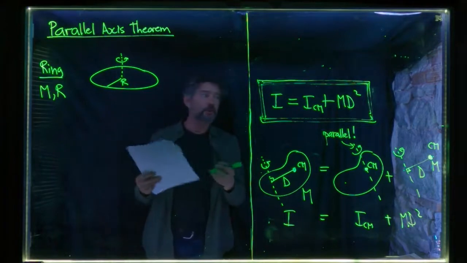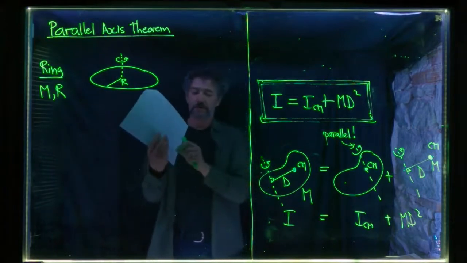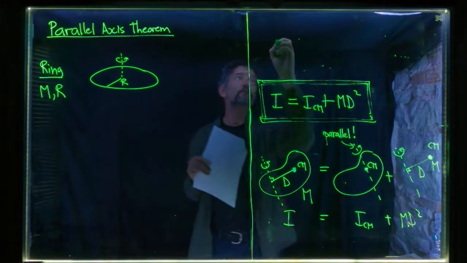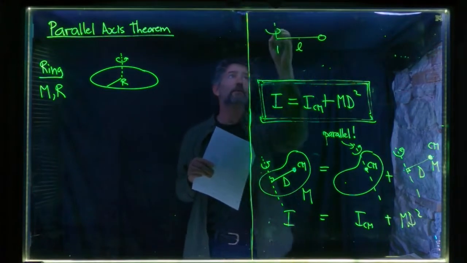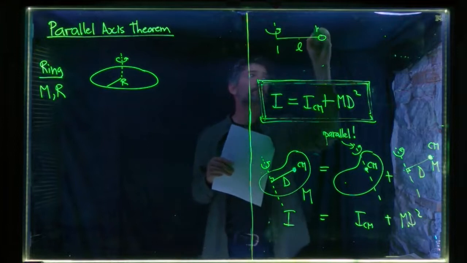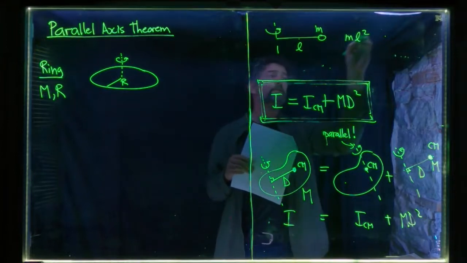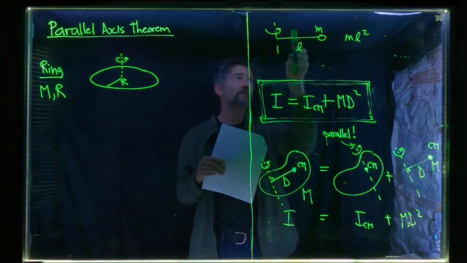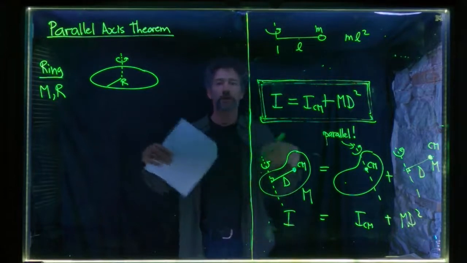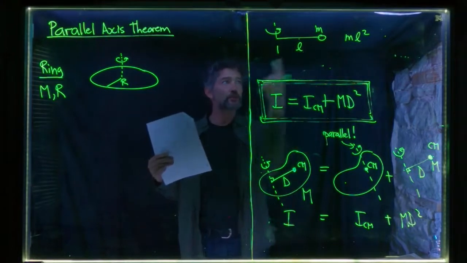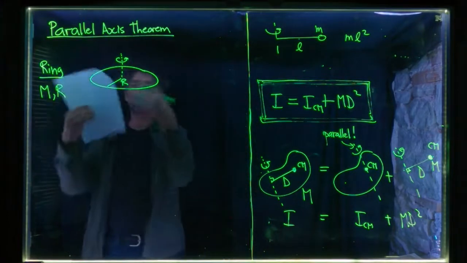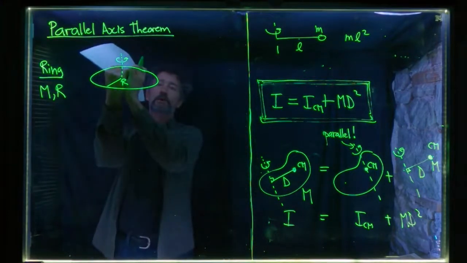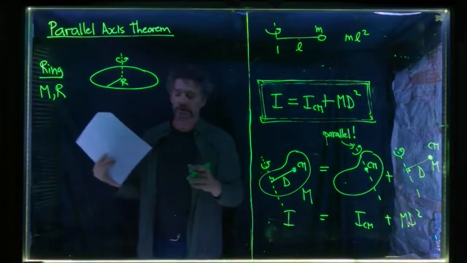Because remember, for the elemental rigid body, what we've got is a mass m located at a distance L away from an axis of rotation, and the moment of inertia is m times L squared. The further you move that mass away from the axis of rotation, the greater that mass contributes to the moment of inertia. We've taken the entire mass of this object and moved all of the mass as far away from the axis of rotation as possible.